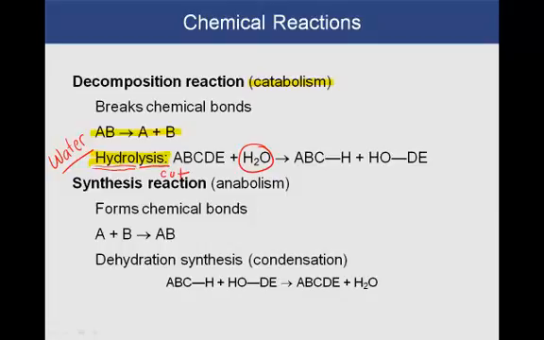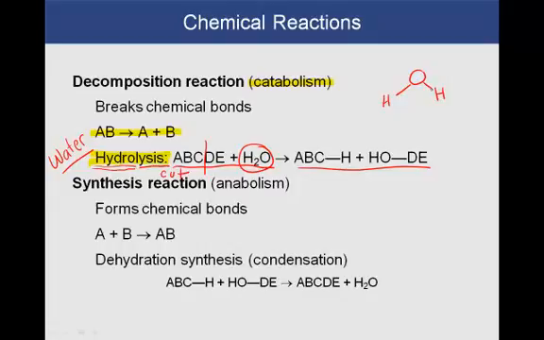When that happens, if you look at the picture here, we have the reactants and we have the products, just like before. Somewhere right in here is a covalent bond that is going to be broken. And there's also covalent bonds, if you remember what water looks like: an oxygen with two hydrogens.